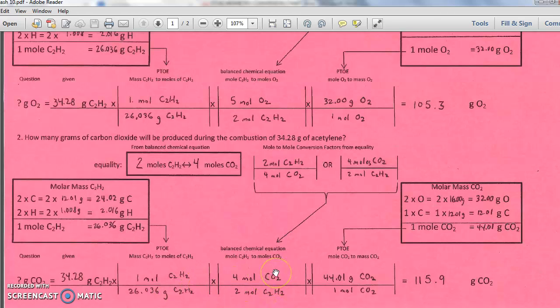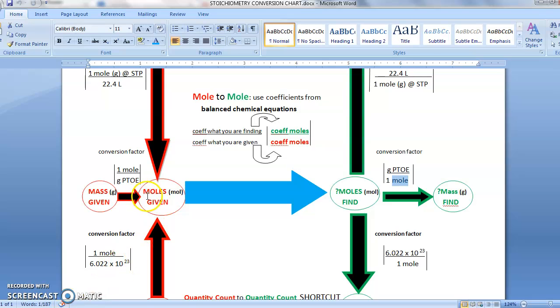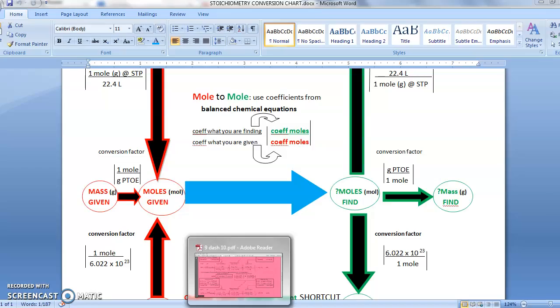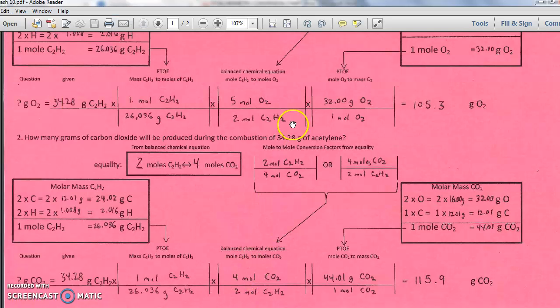What we're trying to find goes on top. If I have moles of C2H2 there and moles of C2H2 there, they would cancel. When we look back on the chart, moles of C2H2 to moles of CO2. What we're trying to find is CO2. It needs to be on top. It's 4 to 2.